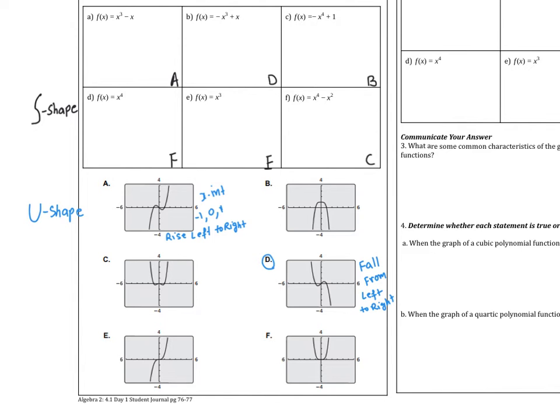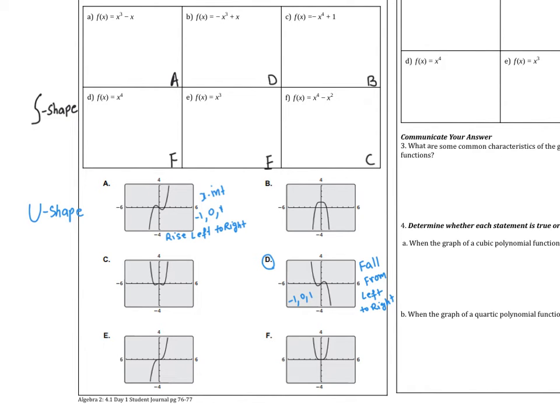Now for the x-intercepts, in this one they are -1, 0, and 1. So the x-intercepts for B are again -1, 0, 1. These are also called x-intercepts or zeros or x values.